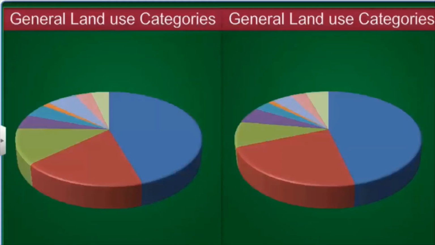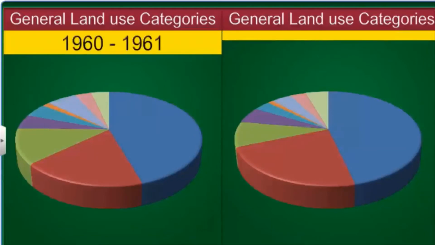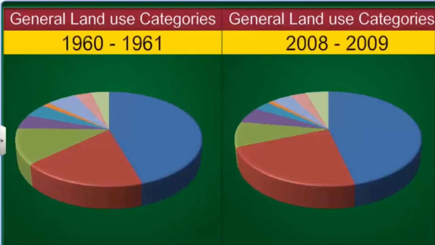Here are 2 pie charts that show the land use pattern in India in 1960 to 61 and 2008 to 2009. Let us compare the data and see how the land use pattern has changed from 1960 to 2009 in India.